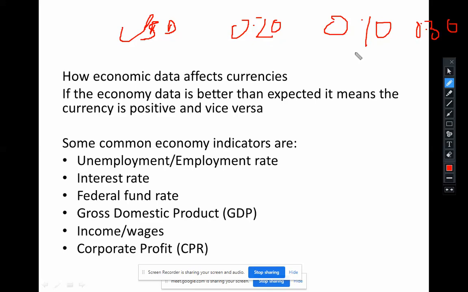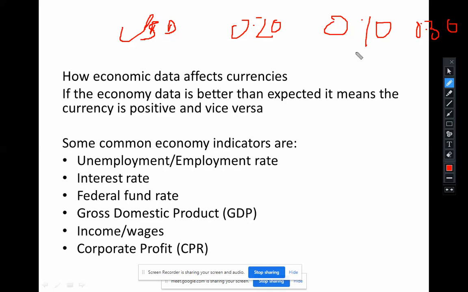This is our forecast. Our forecast is telling us that when we see this data at the same rate that was released and that should be released, it's good. But if it's not, that means it's neutral.